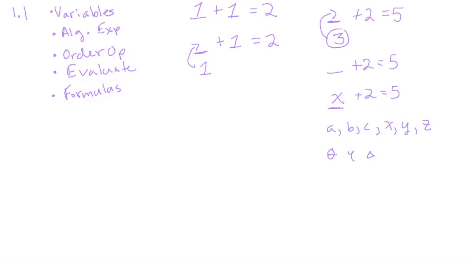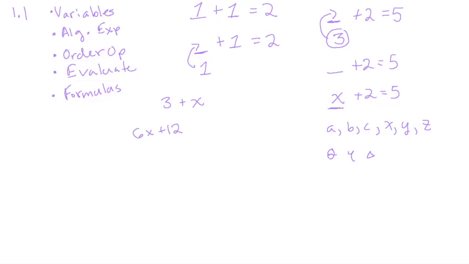Now, an algebraic expression is a mathematical sentence with variables and numbers. For example, 3 plus x would be an algebraic expression. If I have 6x plus 12, which written out is 6 times x plus 12, that is an algebraic expression.